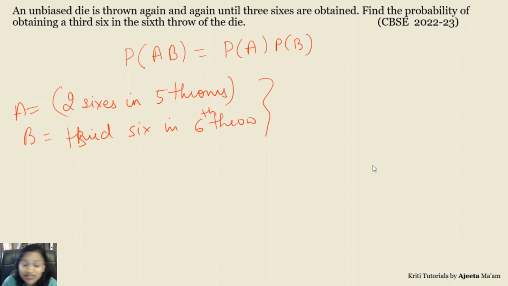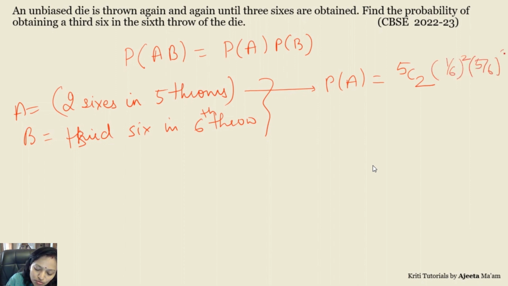So now, two sixes in five throws. If I have to find the probability of A, how will I find it? Total throws are 5, choose 2. So 5C2. Now, what is the probability of getting a 6 on a die? 1 by 6, right? So 1 by 6 raised to 2 and 5 by 6 raised to 3. This is what I have for the probability of A. Now for the probability of B, it is simple.